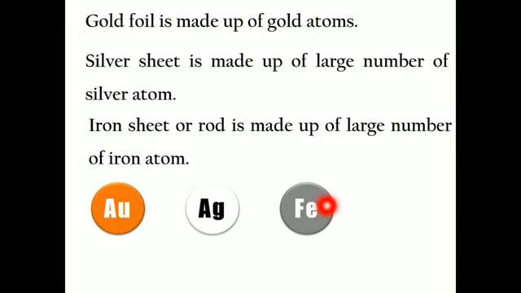What are these letters? I am going to tell you in the second video. But this represents gold, this represents silver, and this represents the iron atom. So ultimately we can conclude that elements are made up of the same type of atoms.